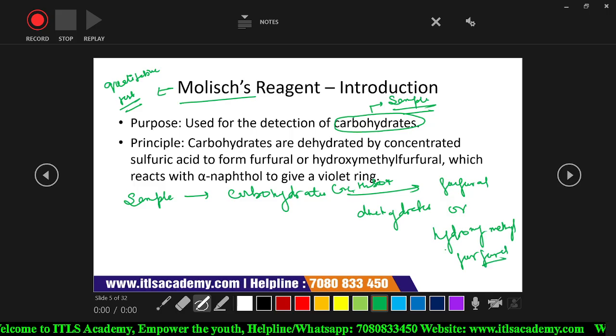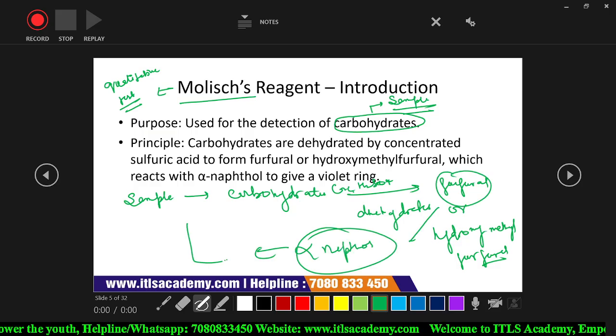Then this reacts with alpha naphthol, and due to that reaction, a ring is formed. That ring is violet in color, and it is formed just at the junction of the two chemicals. So this is the purpose of the Molisch reagent.